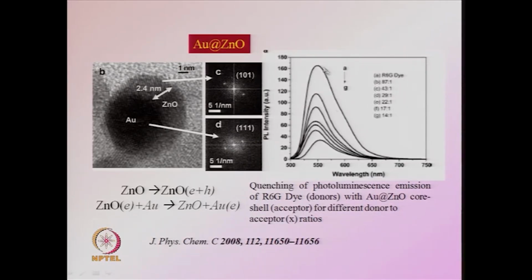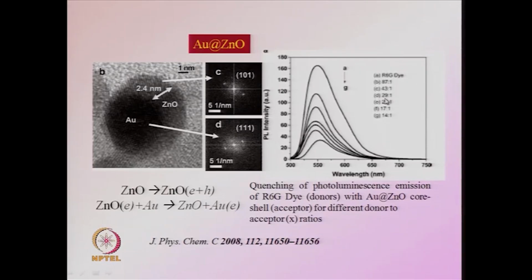This can be clearly seen in this photoluminescence intensity, the drop in intensity as we are increasing the concentration of the core shell particle with respect to the dye. So, here the dye is 87 and the particle concentration is 1, and then you decrease, 43 is to 1, 29 is to 1.